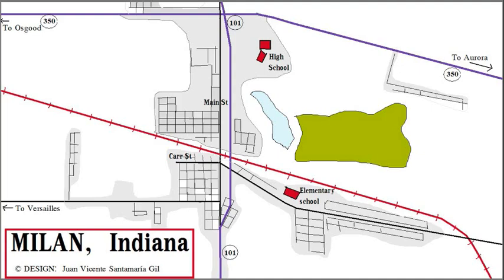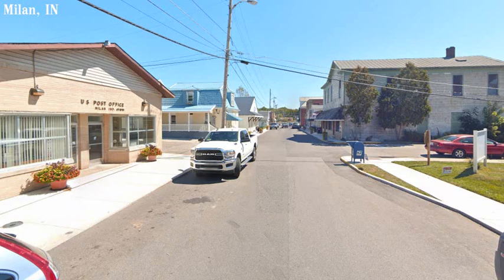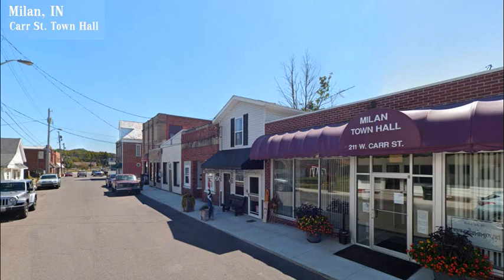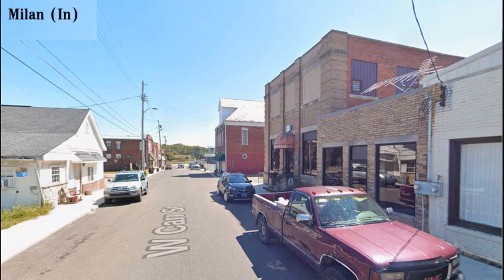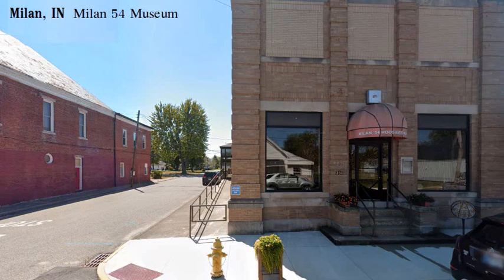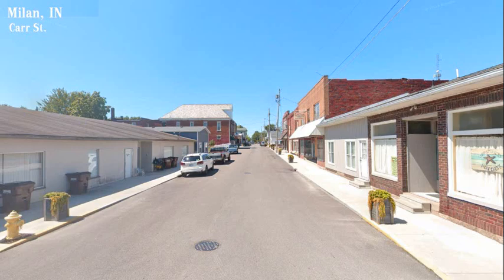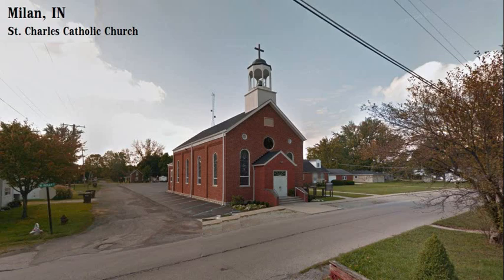But the depot disappeared, and the downtown area today only remains as a bunch of official buildings: the post office, the town hall, the Milan '54 Hoosiers Museum on Carr Street, and several churches and businesses along South Main Street.